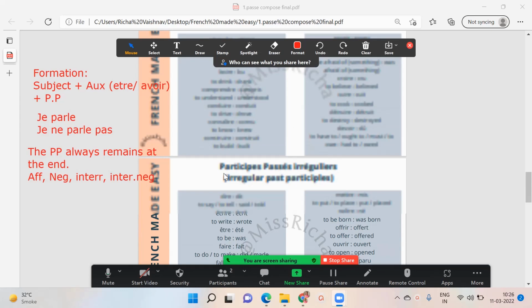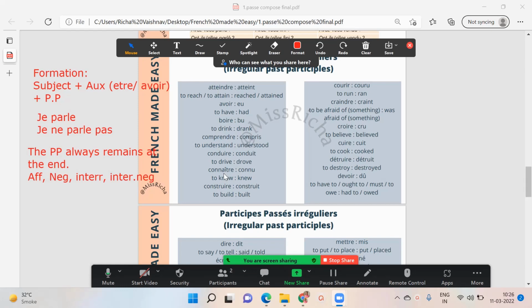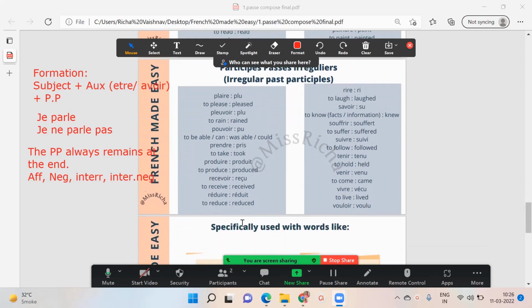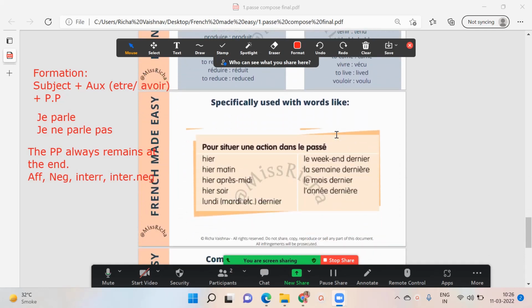So if you are a beginner or an intermediate learner, you will have to learn all these participles. I have not mentioned all the verbs. I have only given the ones which are frequently used. All right. We are not reading each and every verb right now. I just want you to go through this. You have to keep this in your mind.